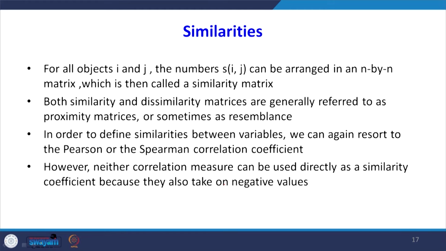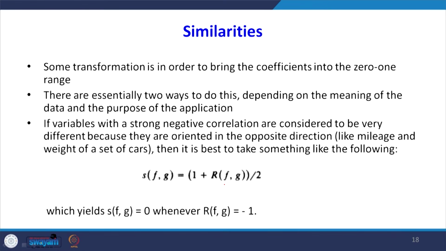In order to define similarities between variables, we can again resort to a Pearson or Spearman correlation coefficient. However, neither correlation measure can be used directly as a similarity coefficient because they also take on negative values. We cannot take the Pearson and Spearman correlation as they are, because they range between -1 and +1, but the similarity value is between 0 and 1.